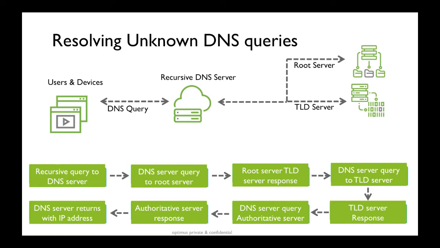In that case, the DNS server sends a query to the name servers to look up the IP address of the requested domain. The authoritative name server is responsible for resolving the domain query and provides the DNS server with the domain's IP address. The DNS server then passes that information back to the device, and the device reaches out to the domain's IP address to establish a connection.